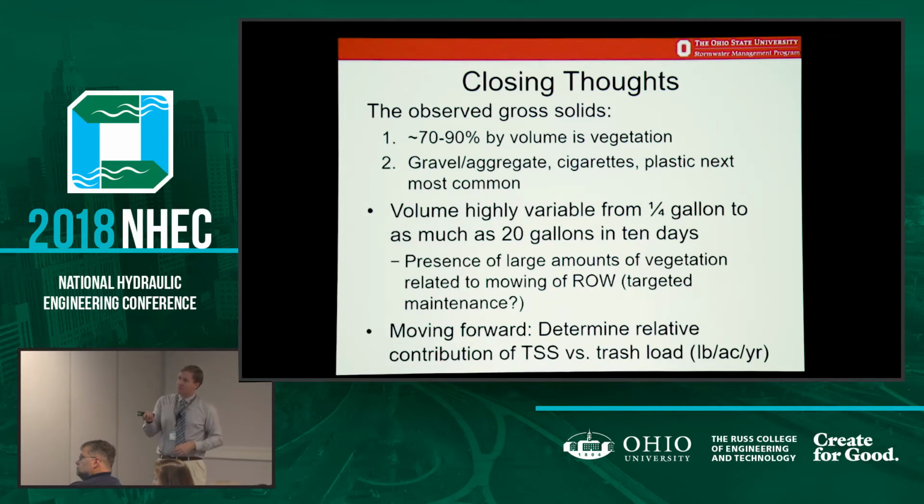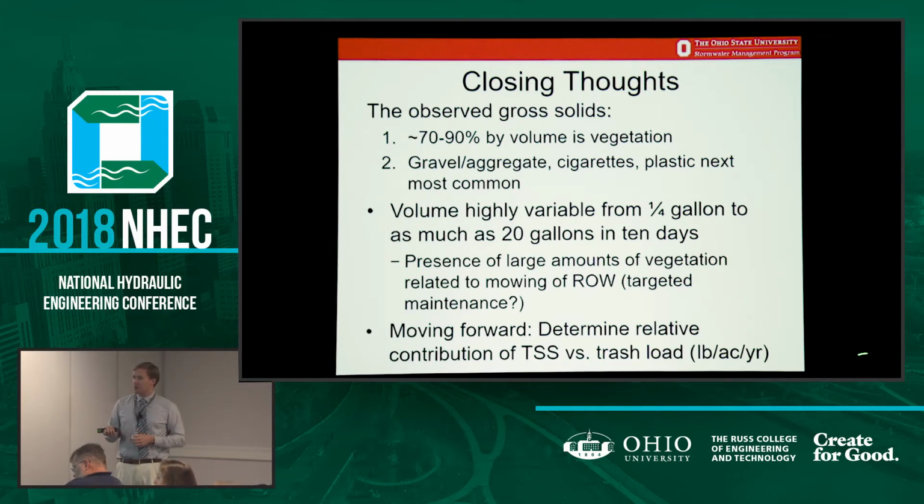Gravel, so basically wear of the wearing course, cigarette butts, and plastic were the next 3 most common trash coming off of the roads. The volume on a roughly every 10-day basis was highly variable, from roughly 1/4 of a gallon of trash up to 20, 30 gallons. So there was a high level of variability there.